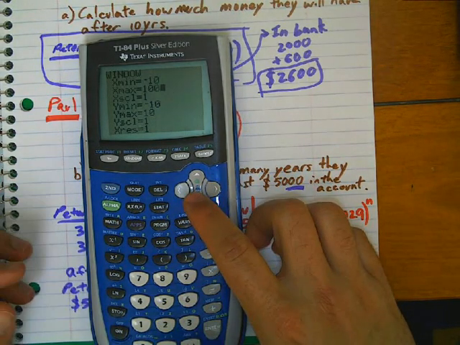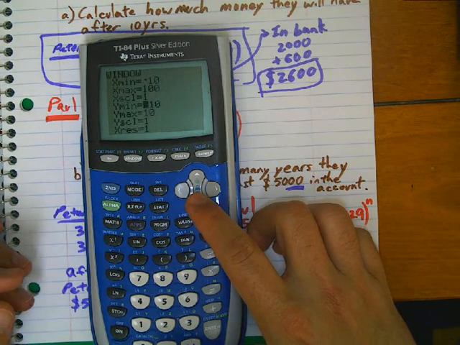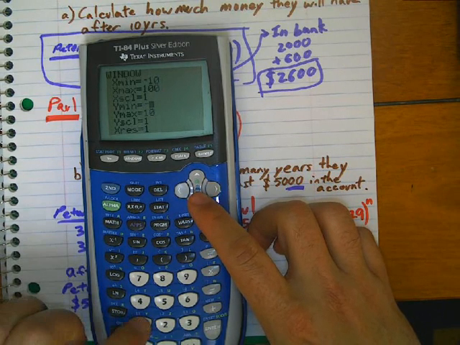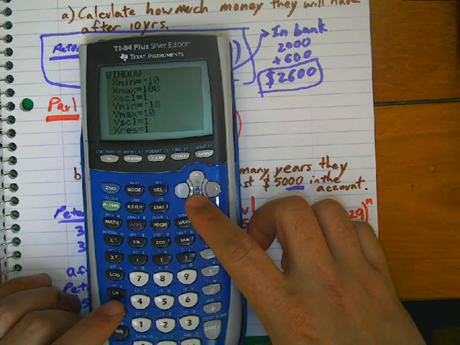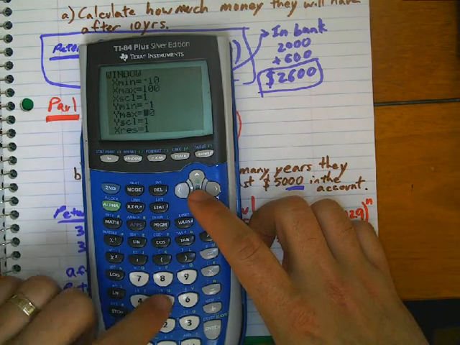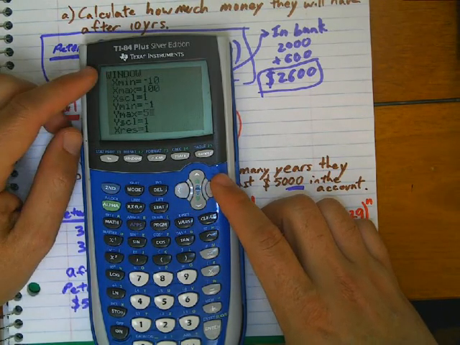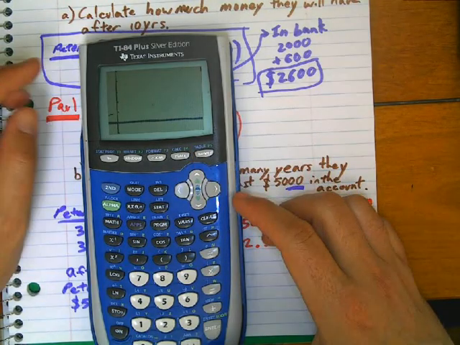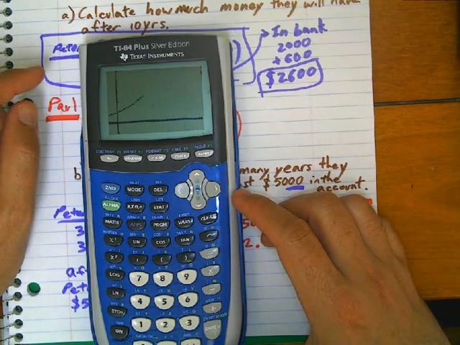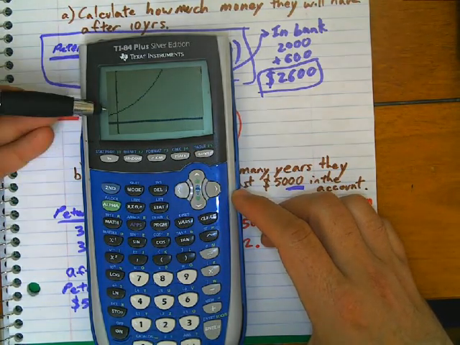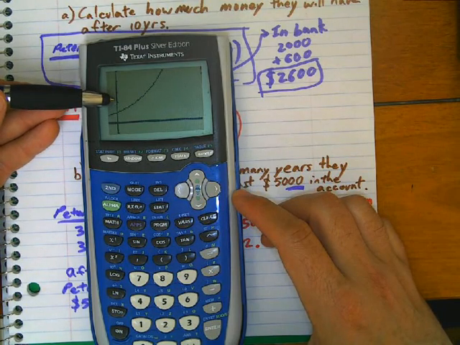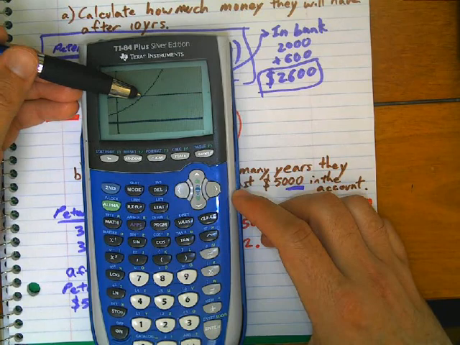The y minimum, let's just make that -1, and the y max doesn't have to be 10. Let's make it 5. Okay, so now I can graph it again. So 2.5 is right up from there. Okay, so I want to find out where this intersects.